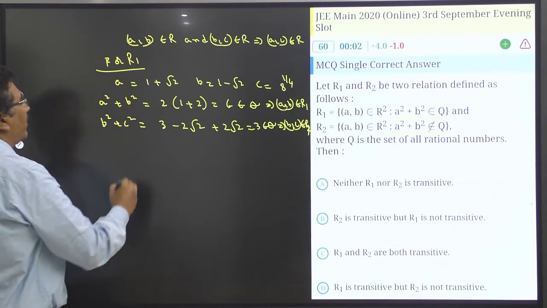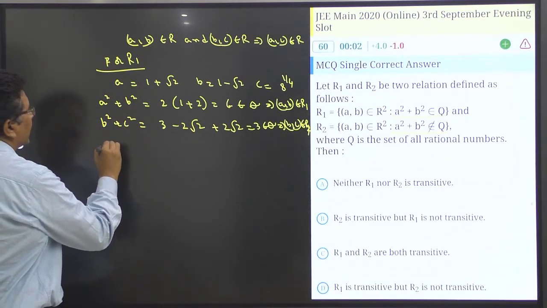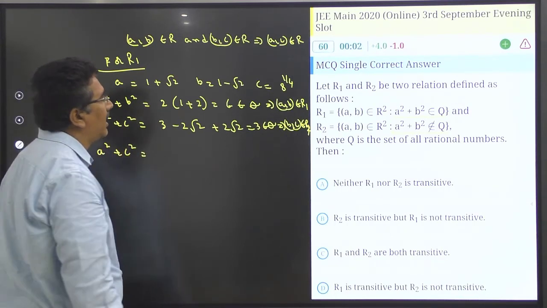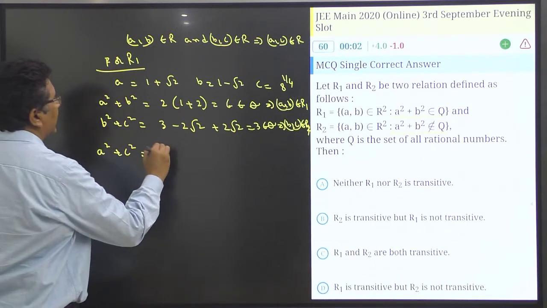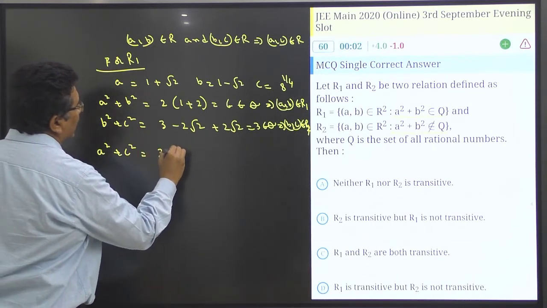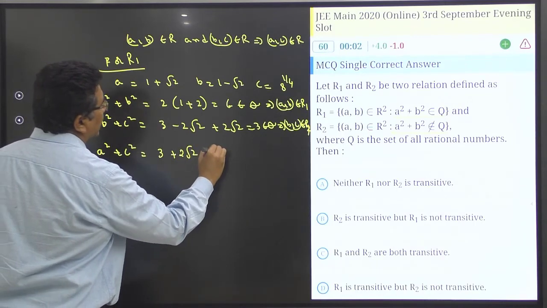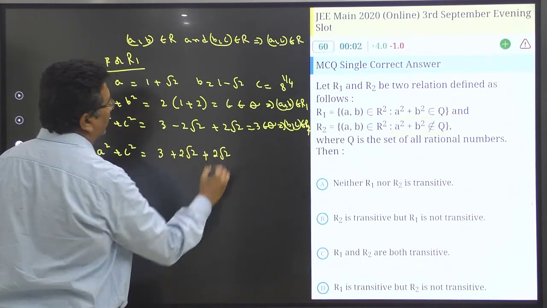For that, consider a square plus c square. What is a square? 1 plus root 2 whole square, that is 3 plus 2 root 2. What is c square? That is 2 root 2.